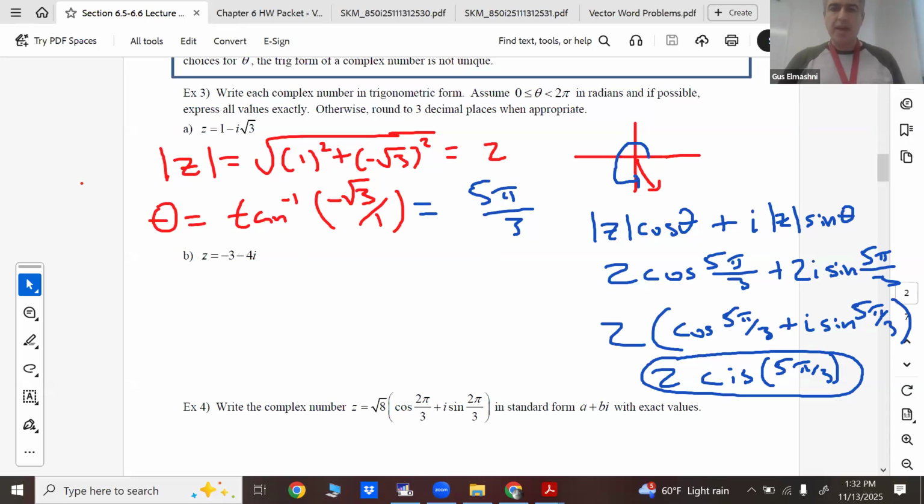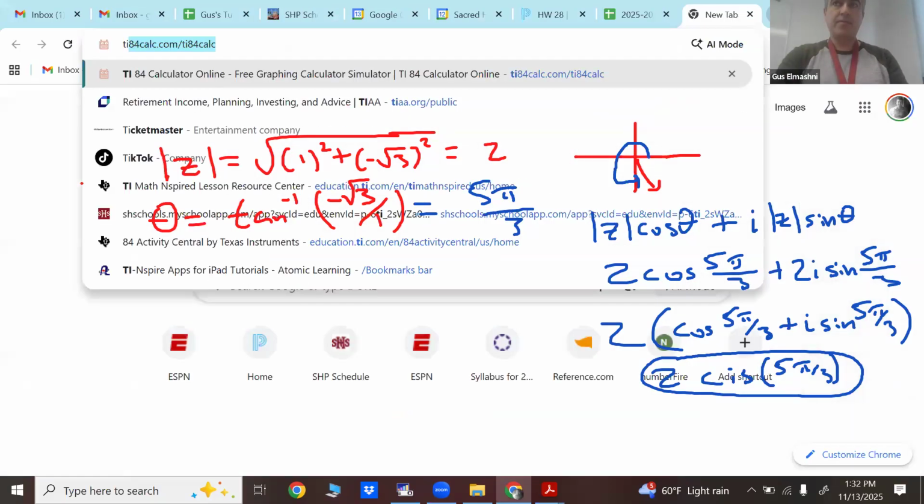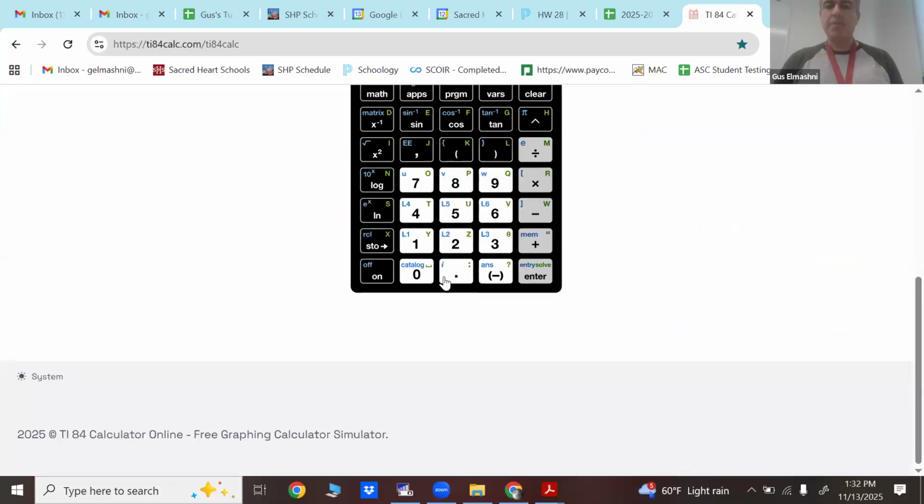And actually, I'll show you where you can do this in the calculator too. Do you guys know where to find imaginary numbers in the calculator? It is there. Right below the decimal point, you see there's a little i there? That's the imaginary number.